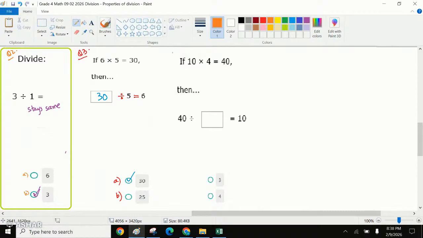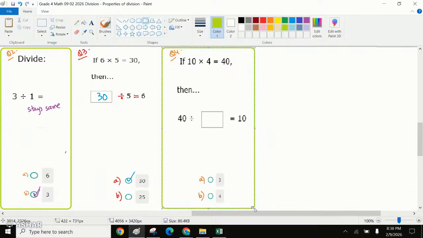Question number 4, option A or option B. Just by looking at the options, we can tell it cannot be 3. Why? Why can it not be 3?